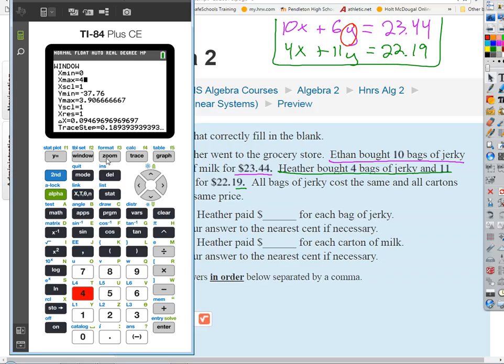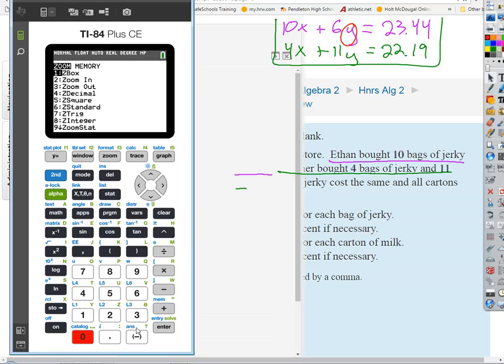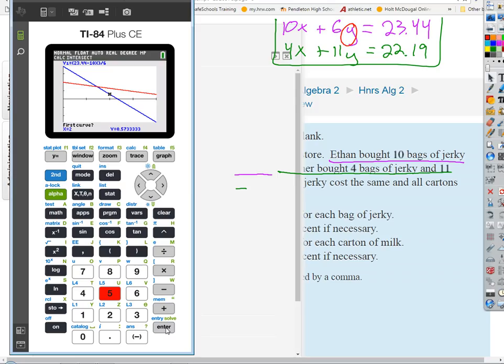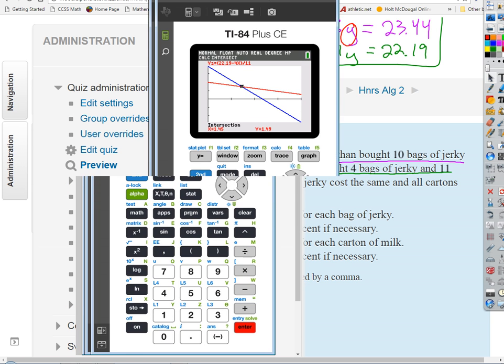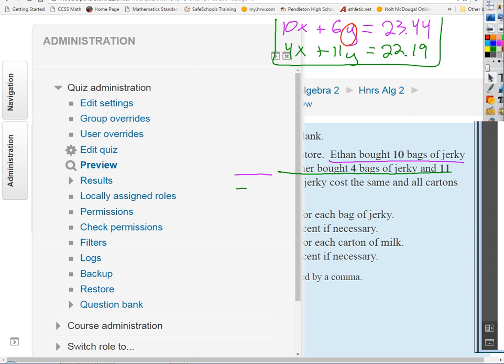Now we'll go zoom 0. You can see it a little better. And we just go second calc, intersect, triple enter. And there it is. So what do we get here?